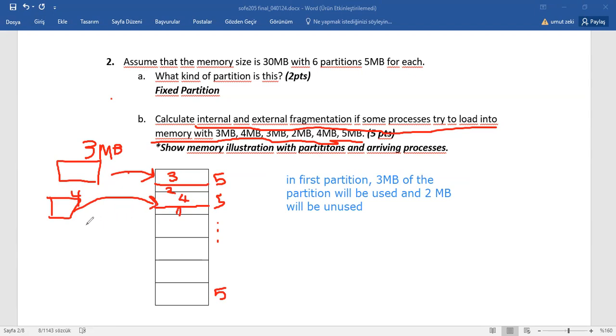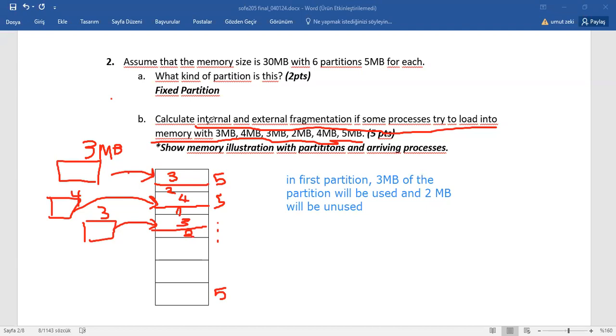Then 3 megabytes will come, 2 megabytes, 4 megabytes, 5 megabytes. So for 3 megabytes again, 3 megabytes will be used by the process and 2 megabytes will be empty, and it goes like that.